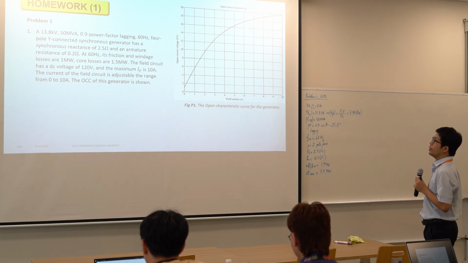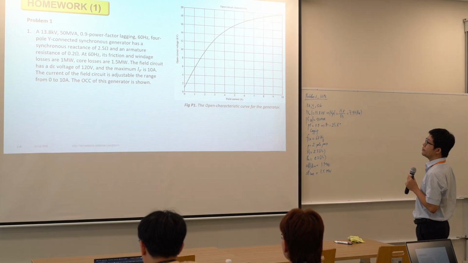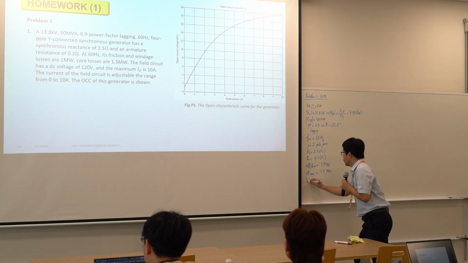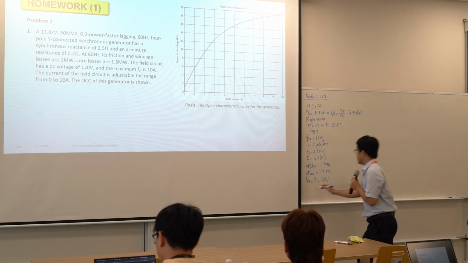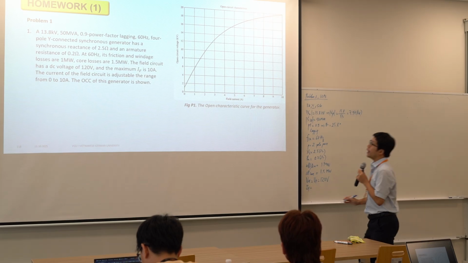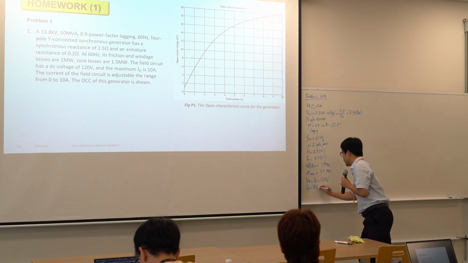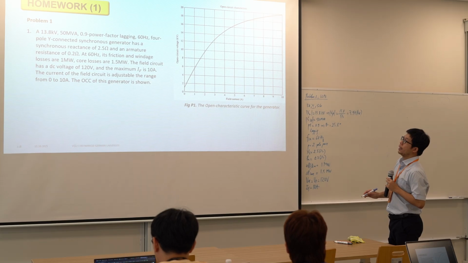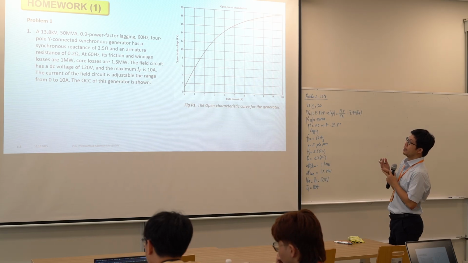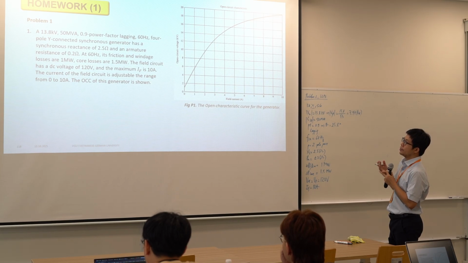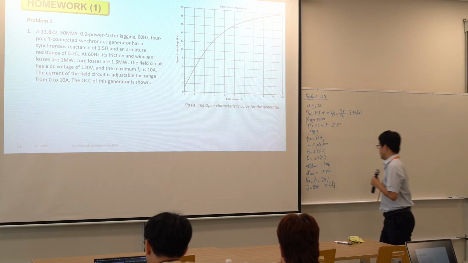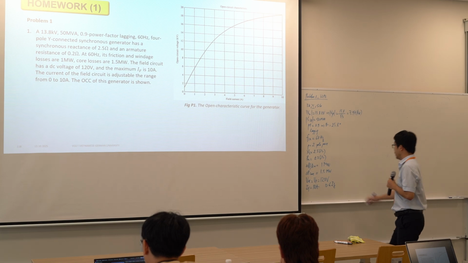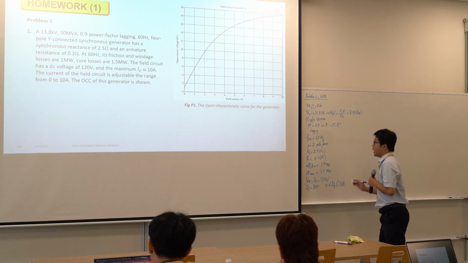The field circuit has a DC voltage of 120 volt, so we have VDC, or sometimes we say VF, 120 volt. The maximum field current IF is 10 amperes, so the current of the field circuit is adjustable from 0 at the minimum to 10 amperes at the maximum.